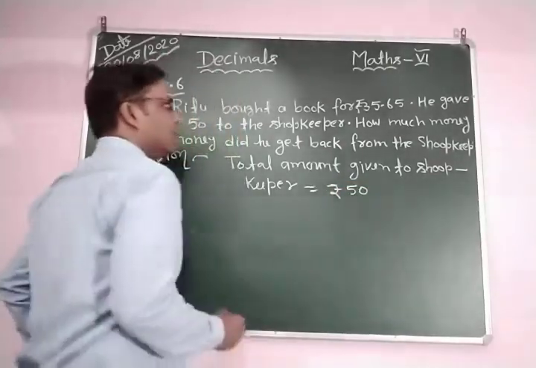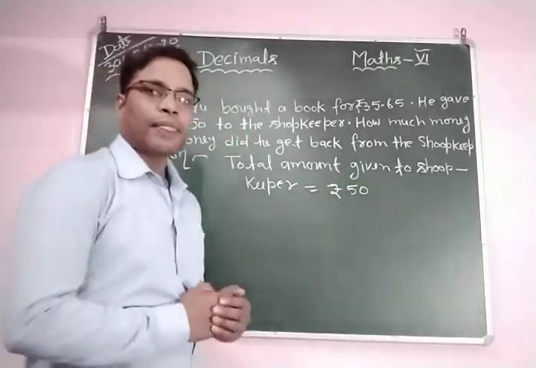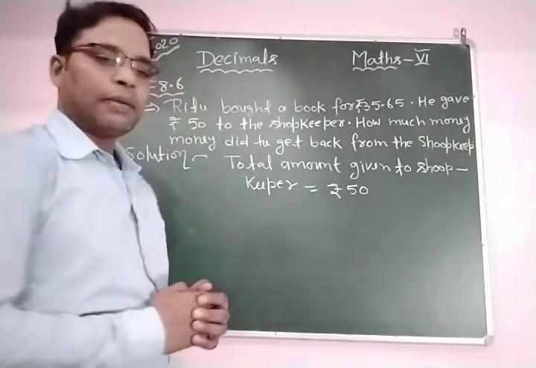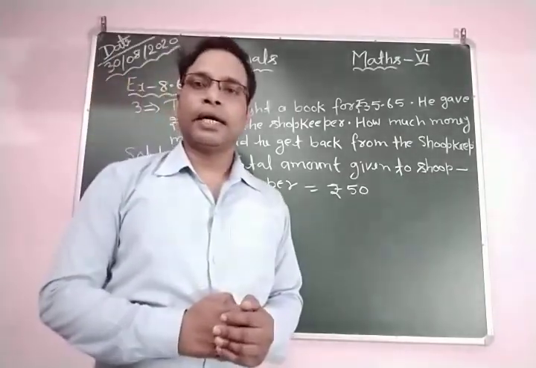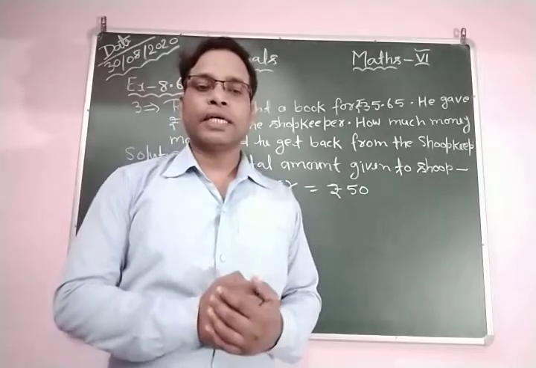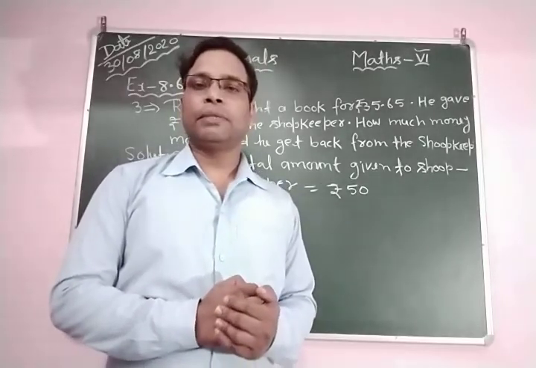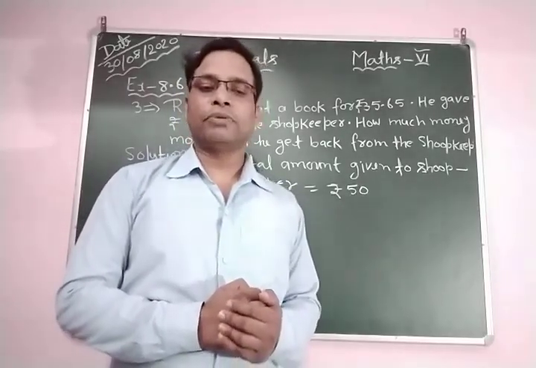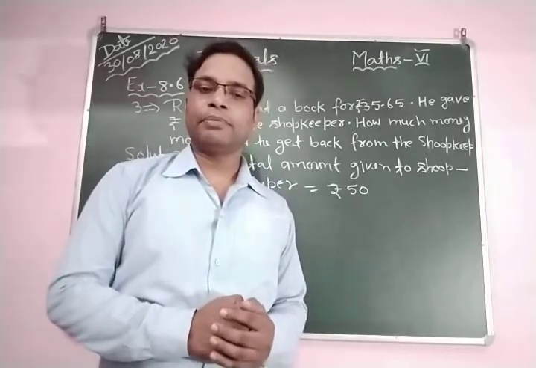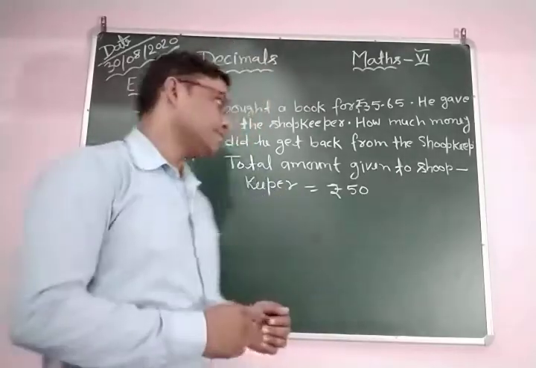How much amount did Ritu give to the shopkeeper? 50 rupees. And after this she bought a book which cost 35.65 rupees. So the next step is cost of book.